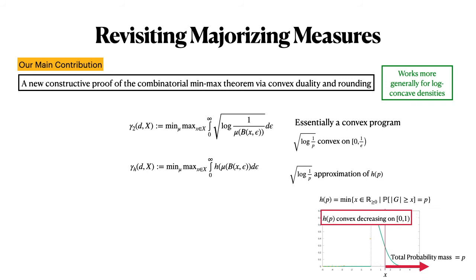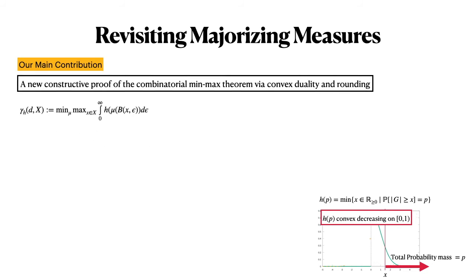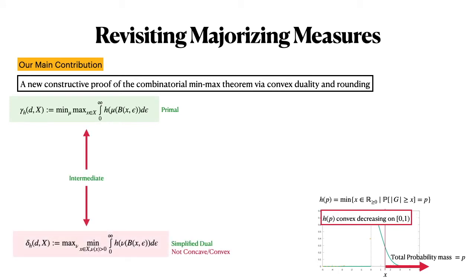Okay, so now we have our convex program, which is the primal. And let me define a very similar looking dual program. This is not a real dual because it is not even concave or convex, but here nu is supposed to be another probability measure, and I've swapped the maximum and minimum here.